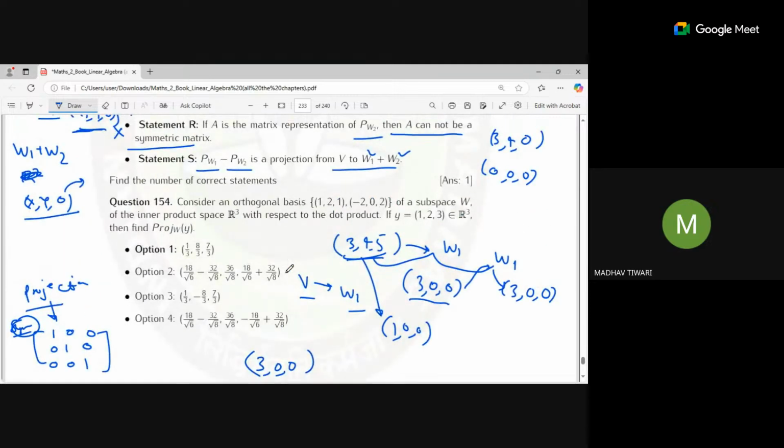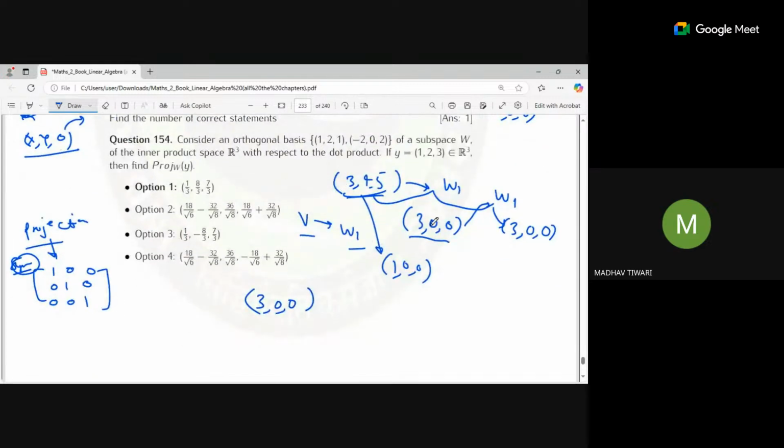And if I subtract the projection on W2, where W1 and W2 are both the span of this vector, its projection on this one will be 300, right? And if I subtract it, I will get a zero vector. Okay, I am getting a zero vector here. And if it is a zero vector, it is not a projection of this vector on W1 plus W2.